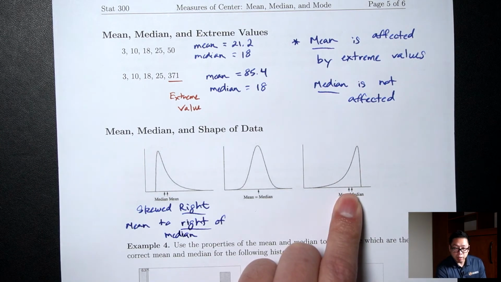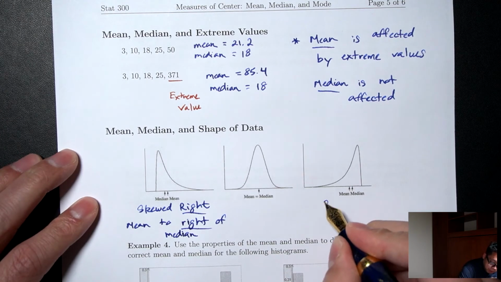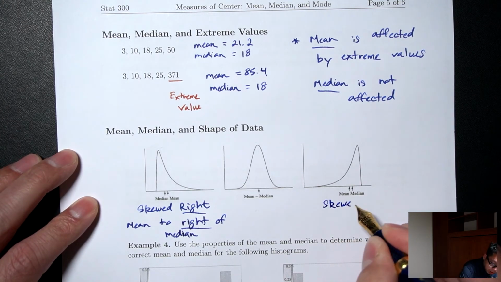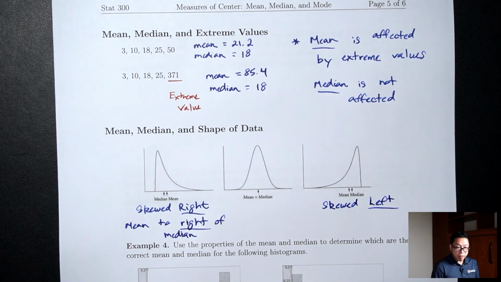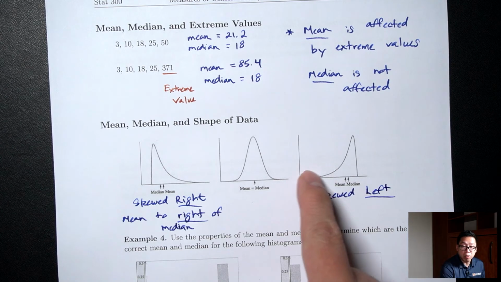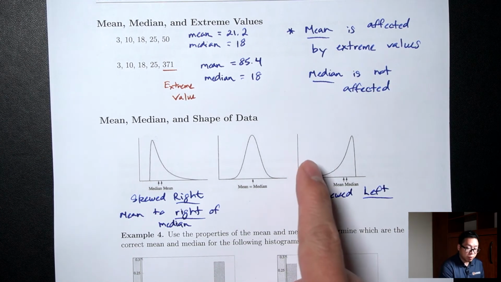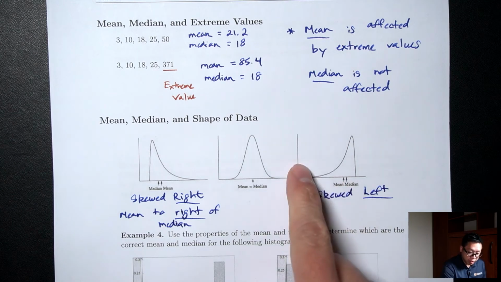Picture on the end here, the tail is on the left side. This is skewed left. Skewed left data means most of your data is high and you have a few extreme values on the low side. The extreme values affect the mean more, and it affects it by pulling the mean towards it.